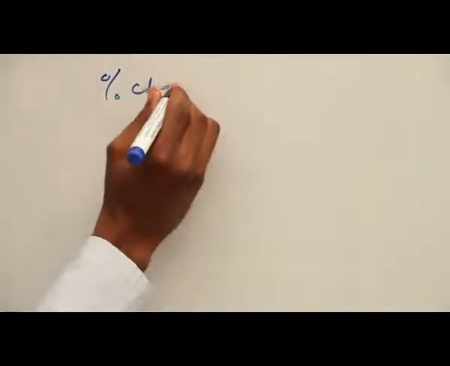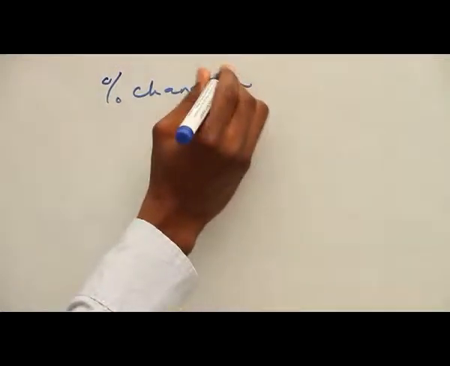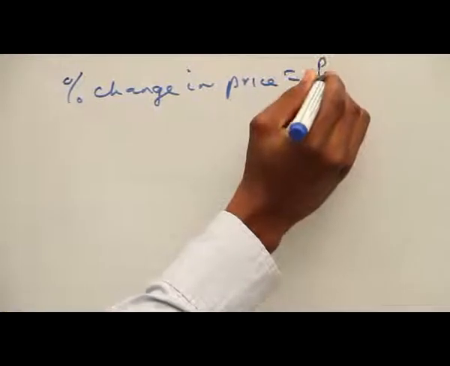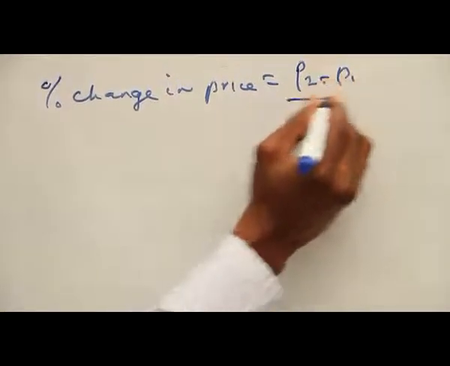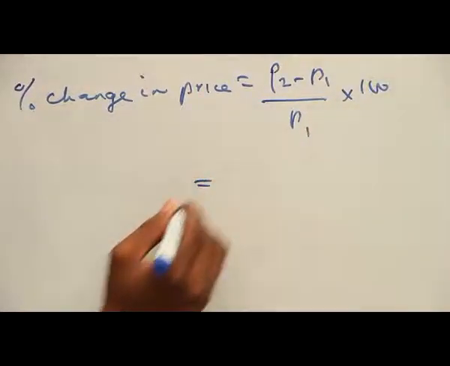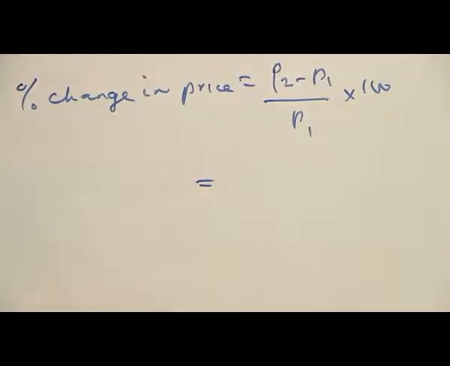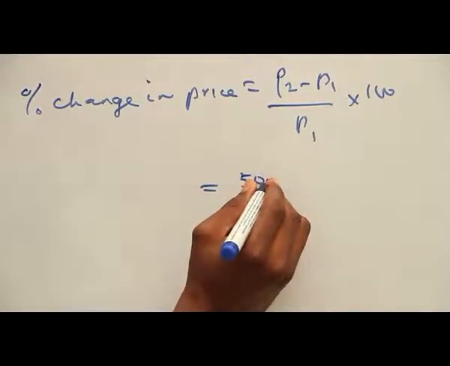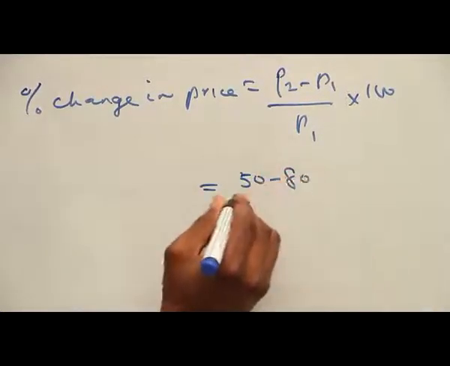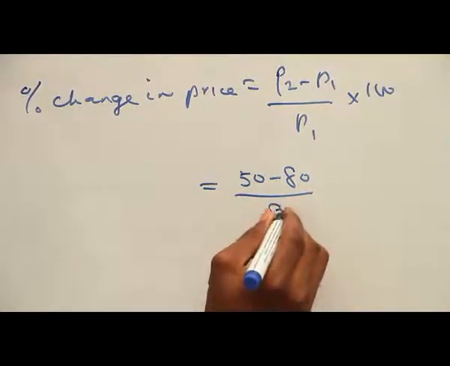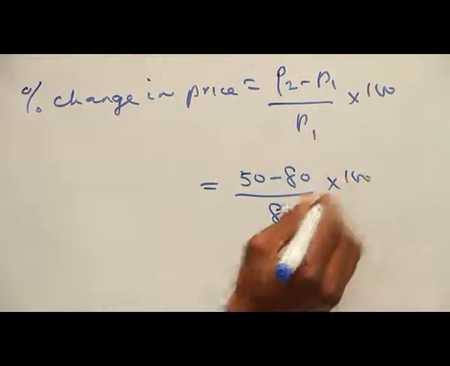Percentage change in price equals P2 minus P1 divided by P1 times 100. And our P2 is 50 naira, our P1 is 80 naira, over P1, which is 80 naira, times 100.